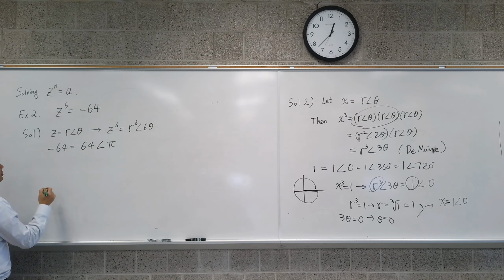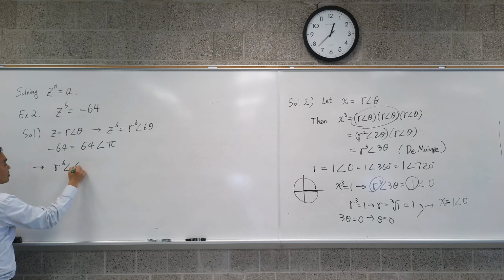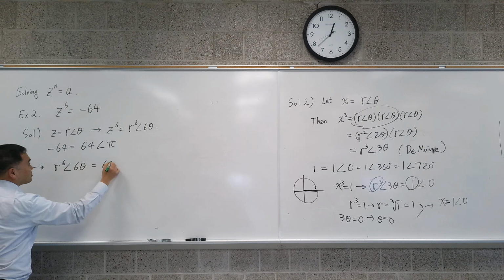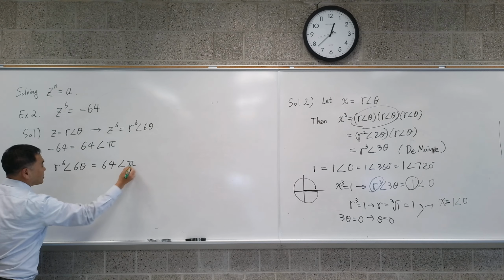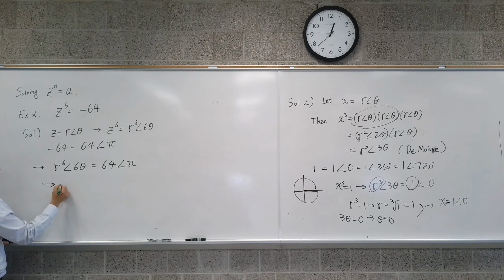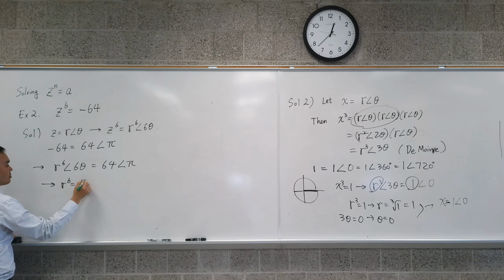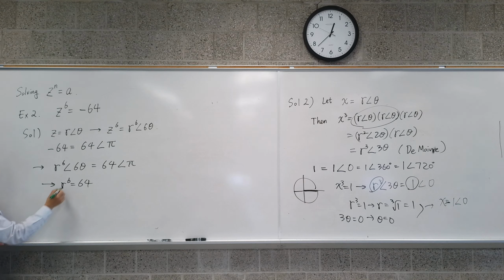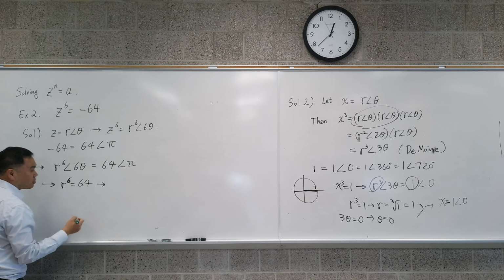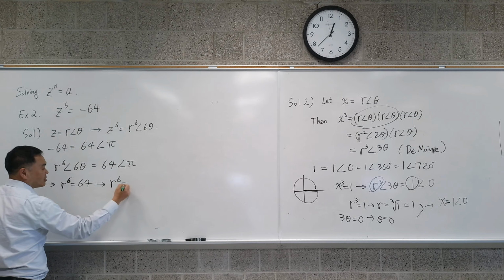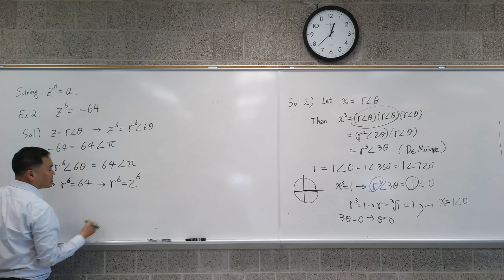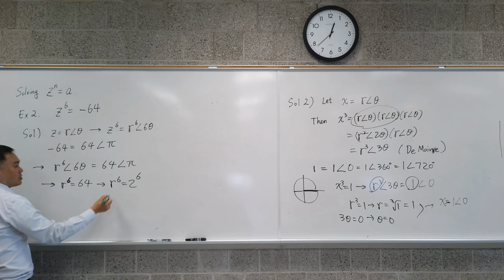So that means we have r to the 6th angle 6 theta equal to 64 angle pi, which means r to the 6th is 64, and if you take the 1/6 power of both sides with your calculator, you'll see that r is equal to 2. Or another way to see this is 64 is 2 to the 6th power.